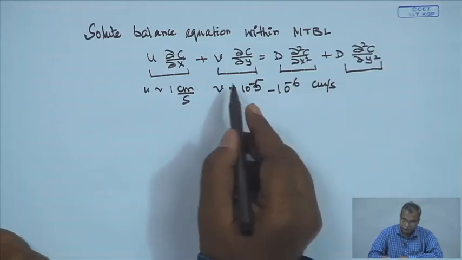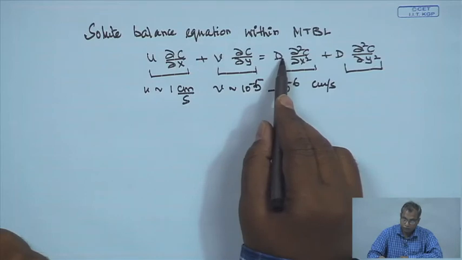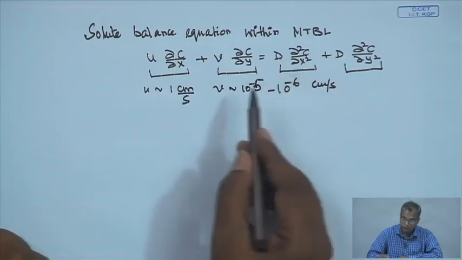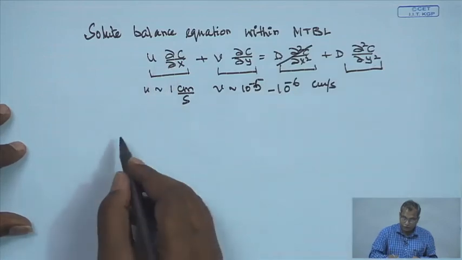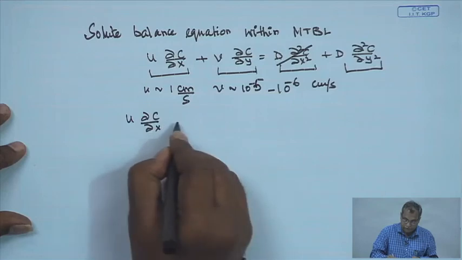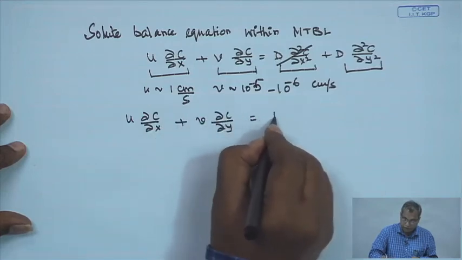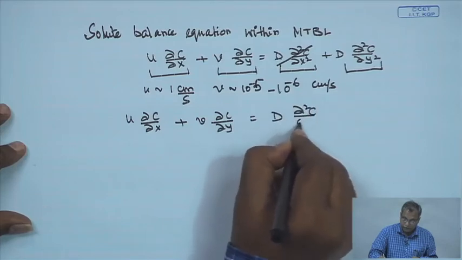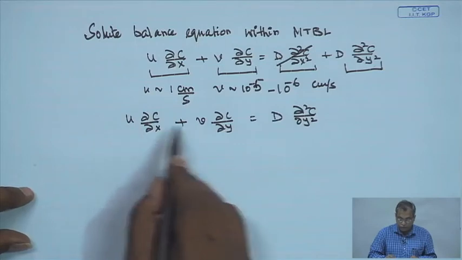So, therefore, the convective flux in the x direction will be much dominant compared to the diffusive flux in the x direction. So, we can neglect this term compared to the convective term in the x direction. So, U del C del x plus V del C del y is equal to D del square C del y square. Now let us look into the velocity profiles.